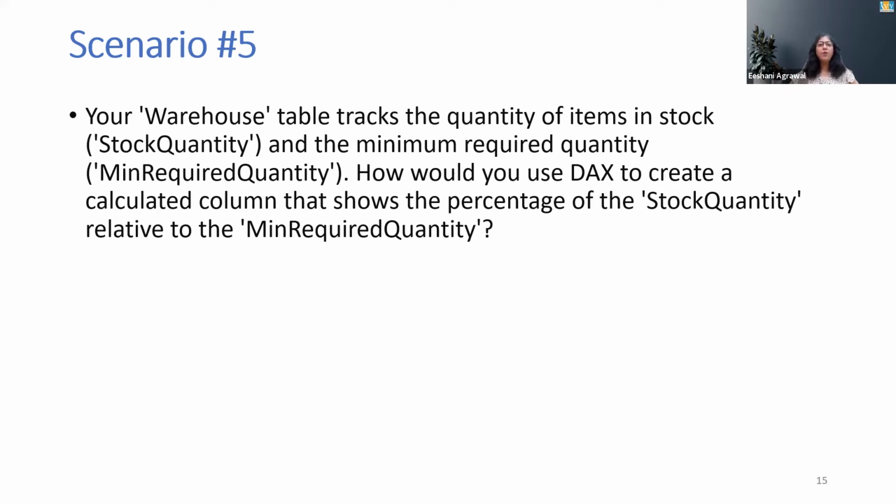So how would you show the percentage of stock quantity relative to minimum quantity required? So for example, I have a stock quantity of 100. Minimum that I require is 200, right? So I only have 50% in hand, correct? So how would you show that?